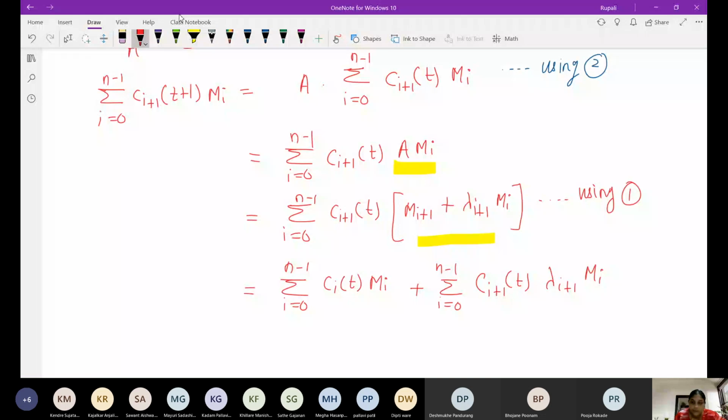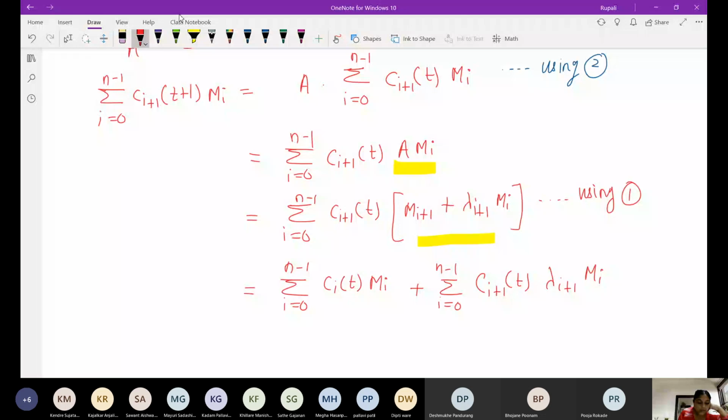Can I write like this? What if I simplify this? Summation i is equal to 0 to n minus 1 ci plus 1 of t mi plus 1 plus lambda i plus 1 mi.